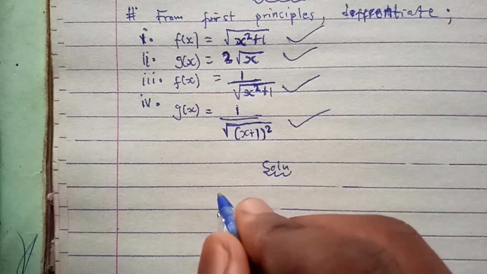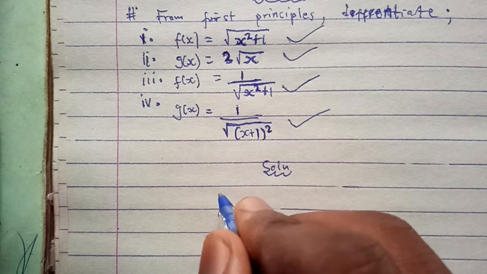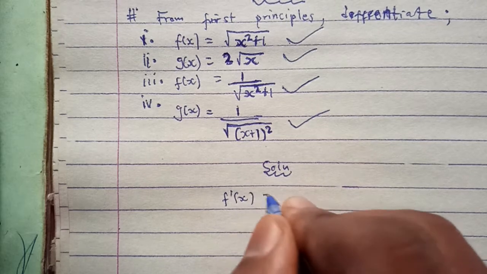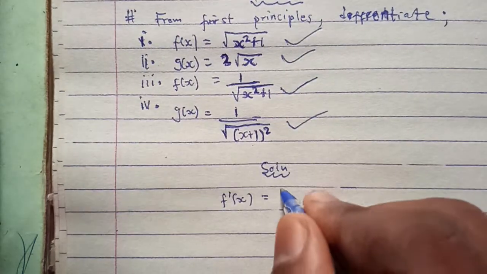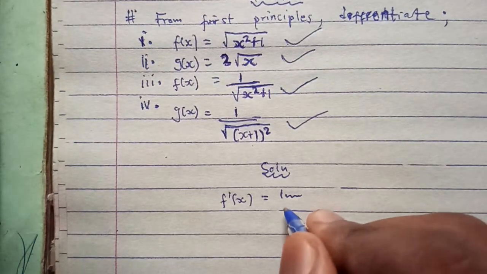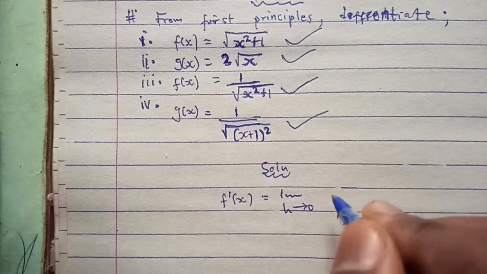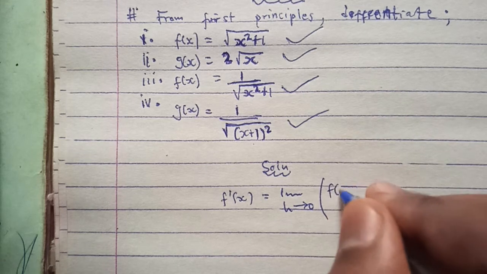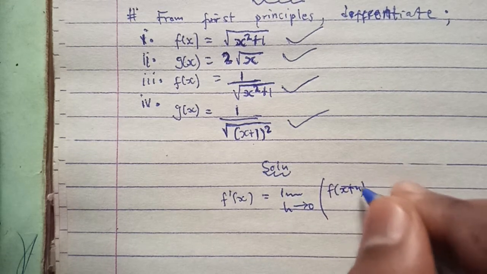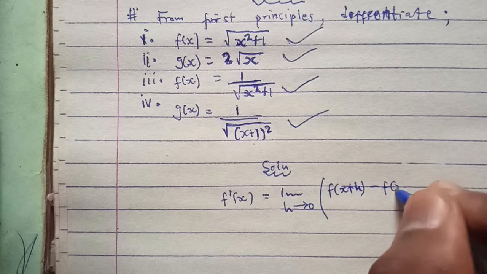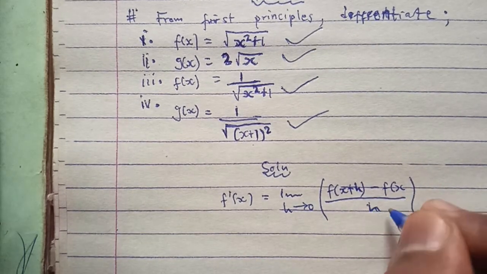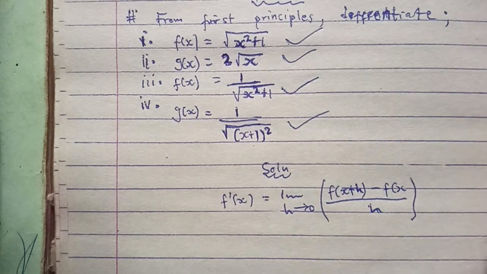So it says that the first differential f prime of x is equal to the limit as h approaches 0 of the expression f of x plus h minus f of x, that expression all over h. Have you seen the first principles?